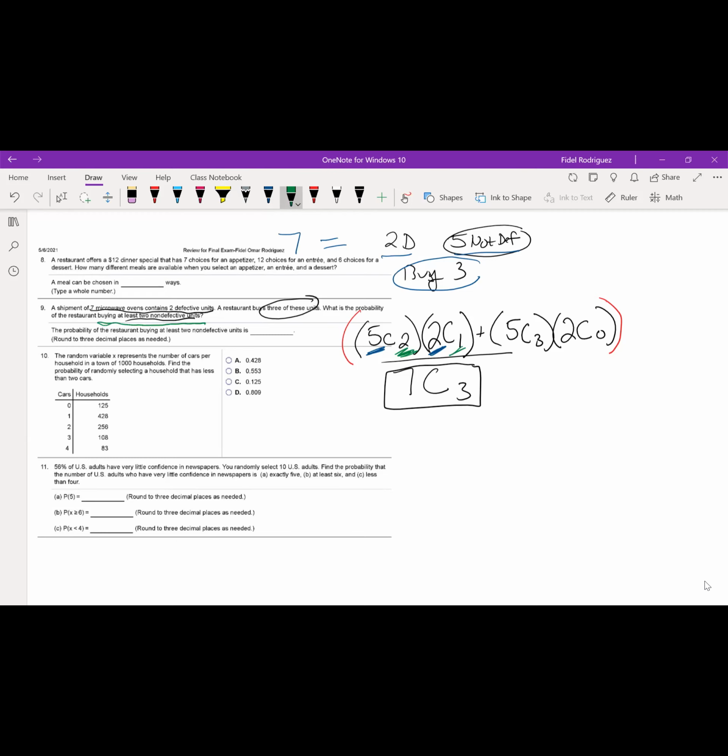At least 2 non-defective means that 2 of them will not be defective and the other one will be, because I have to have a total of 3, or all 3 are not defective and so we're not buying any from that defective group, right? Remember, the 2 is the defective group. So we're either going to get 1 defective or no defective, and we're going to get either 2 non-defective or all 3 of them are going to be non-defective, right? So that's where that 1 was coming from.